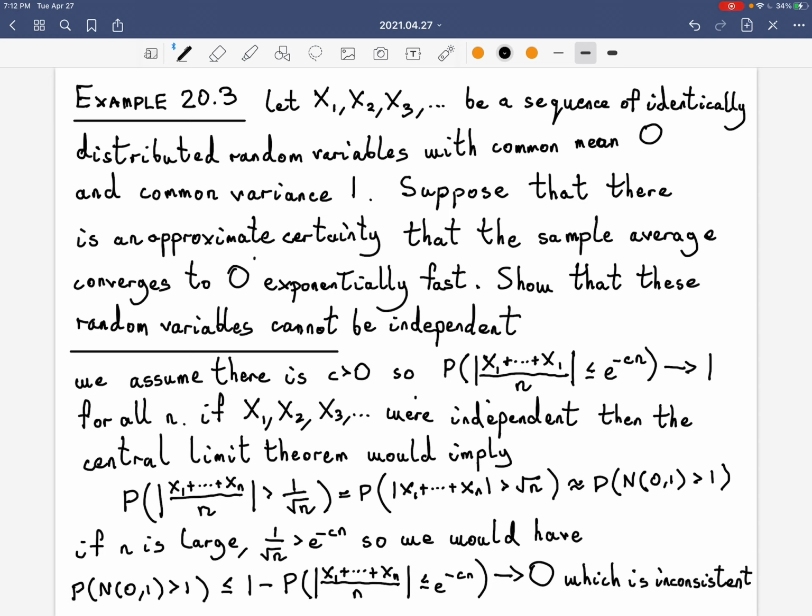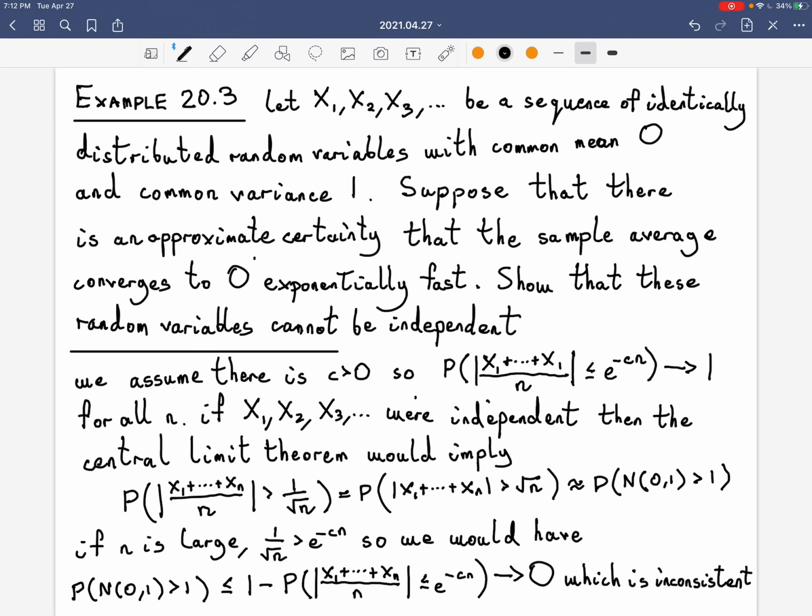So we want to consider a sequence of what would be called standardized, identically distributed random variables. So to standardize a random variable means to subtract a constant so that the mean is 0, and then to divide by a constant so that the variance is 1. And if the mean is 0 and the variance is 1, subtracting by the mean and dividing by the variance are both trivial operations.